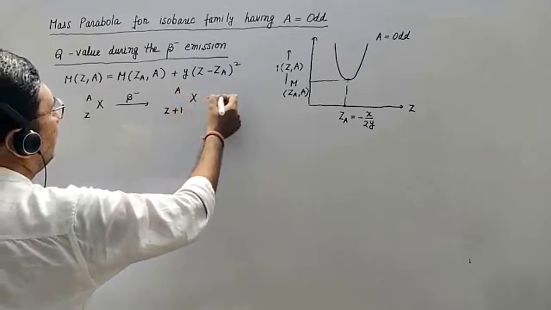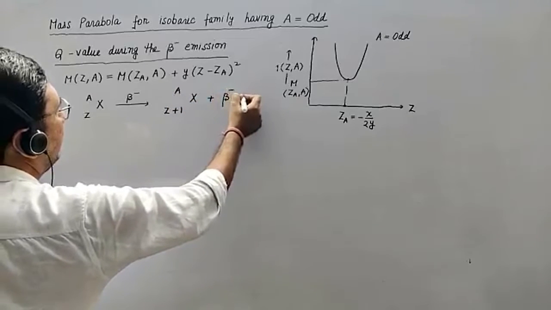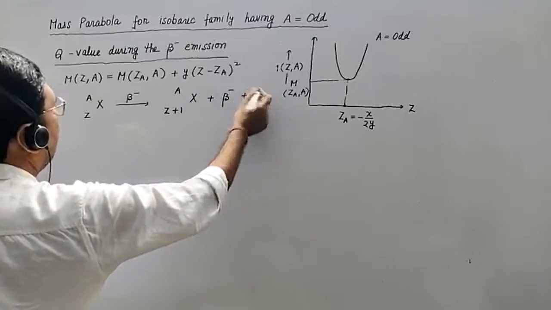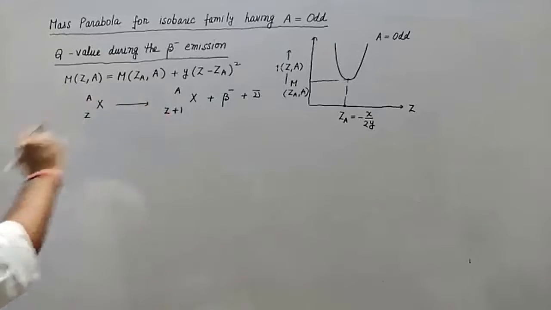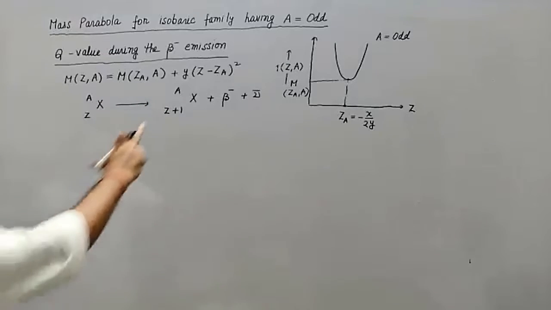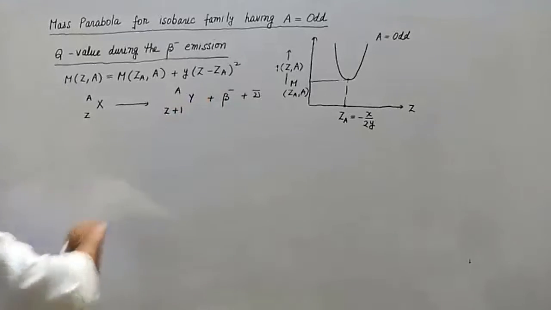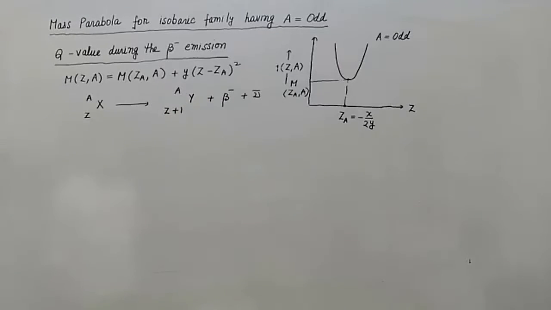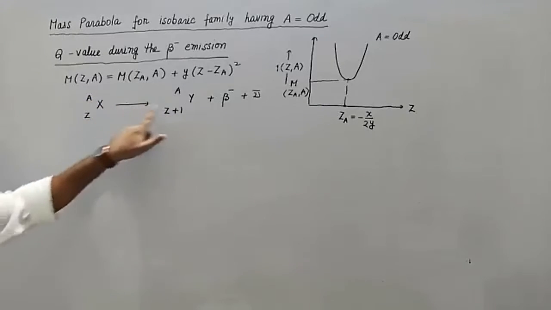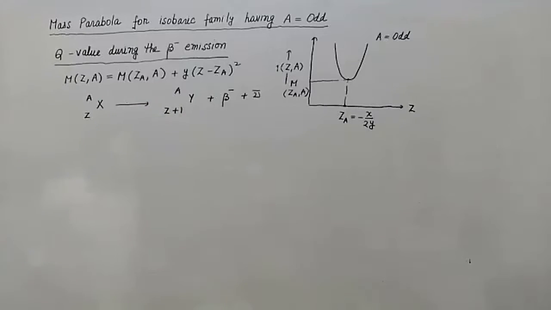So here this beta minus particle will be emitted, and this will be an antineutrino. This will be Y, another nuclei because its charge number is Z plus 1. So this is the general beta minus emission process. Here the A number is the same, so both X and Y are members of the same isobaric family.